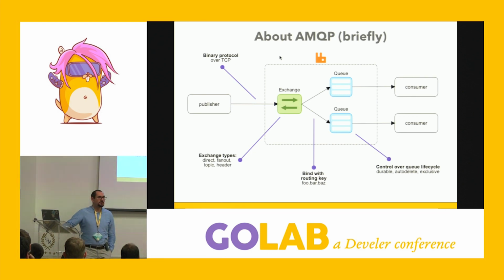Then you have the fanout, which is like a broadcast, it just sends the message over to whoever is connected to it. The topic is basically the same as the direct exchange, but it allows you to use wildcards in the routing key. And so we'll see how this is relevant.